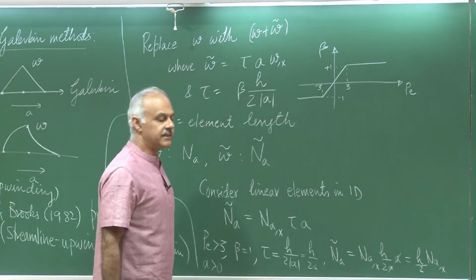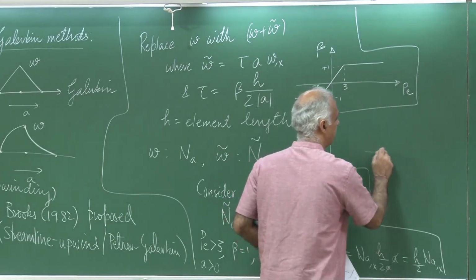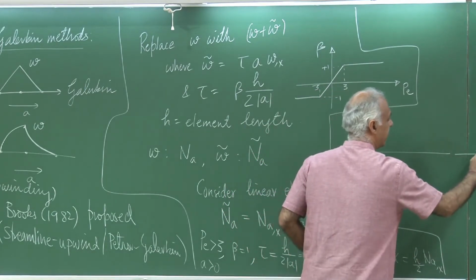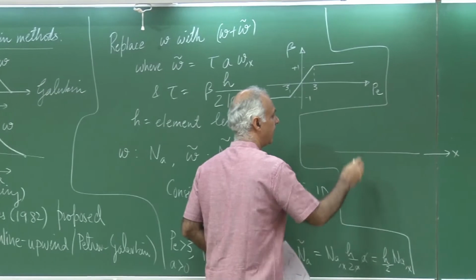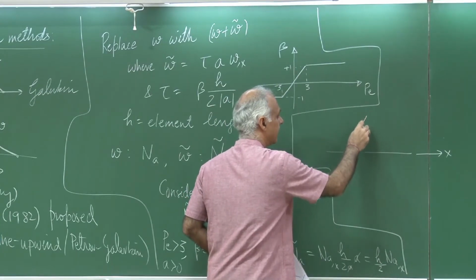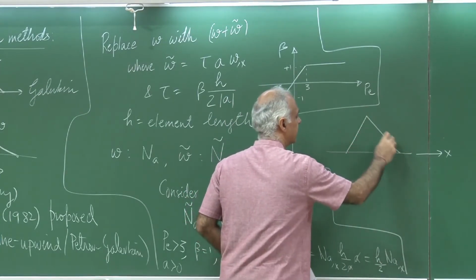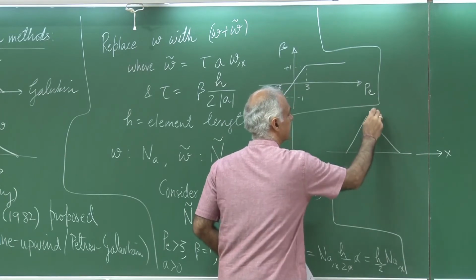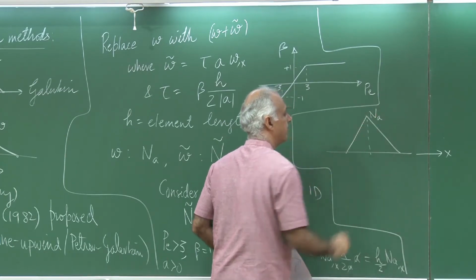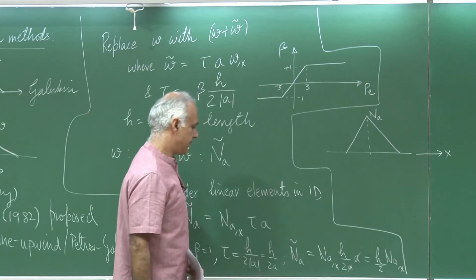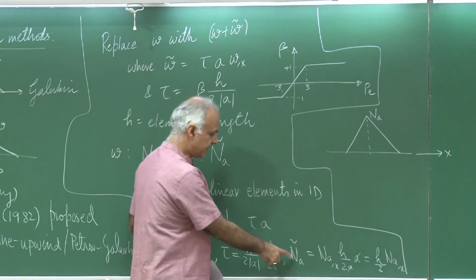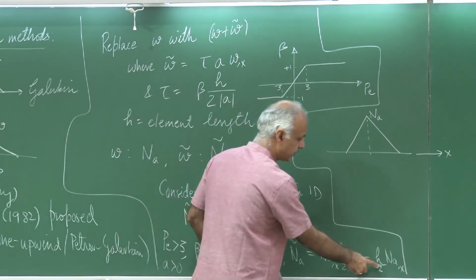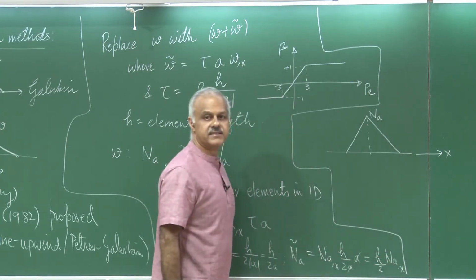So, let me sketch them. This is my x direction, and I already know what my NA looks like. This is a typical NA. As you can see, NA tilde is h by 2 times NA comma x.